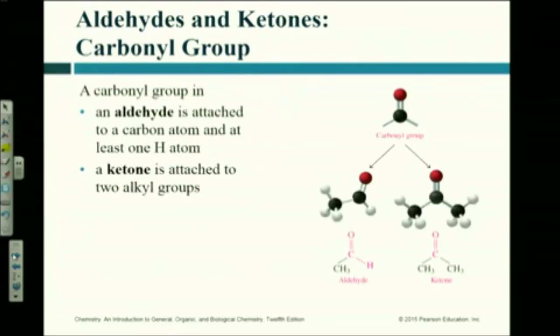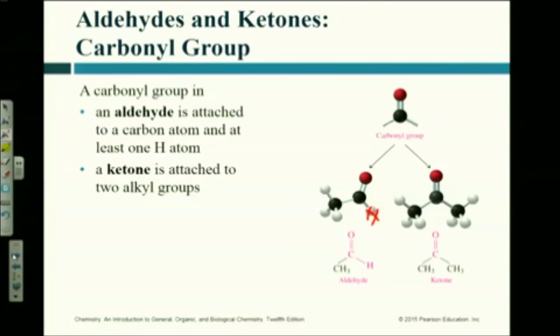Aldehydes are carbonyl groups that also have a hydrogen on the carbon. Okay? Ketones are carbonyl groups that do not have a hydrogen on the carbonyl carbon. So think about, here's our C double bond O, and there's a hydrogen here, right? It's a hydrogen. So that makes this an aldehyde.